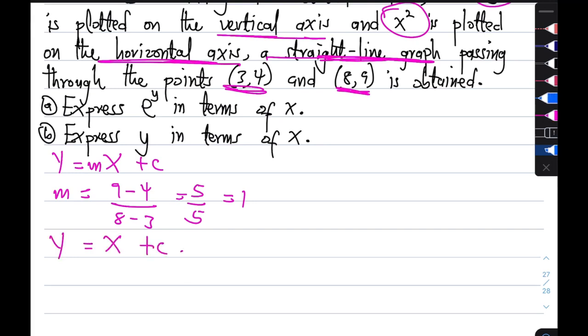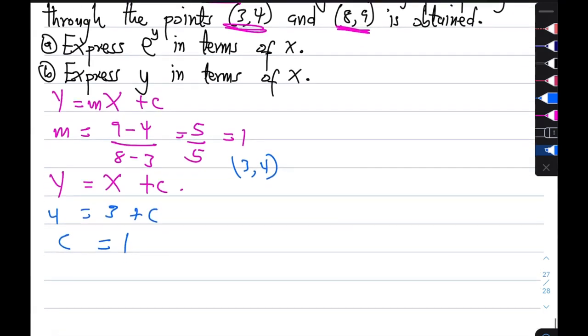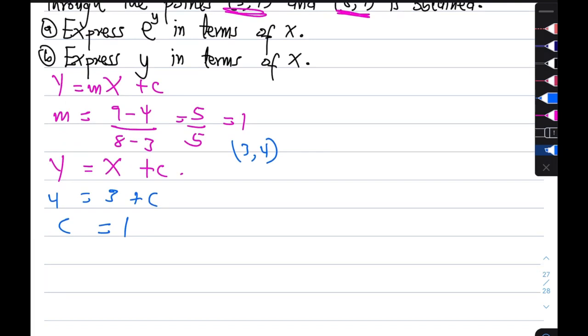Let's use this point (3, 4) to find the value of c. So we have 4 is equal to 3 plus c. C is definitely 1. Okay, now if c is 1, then that means that this equation can be written fully as y equals x plus 1.